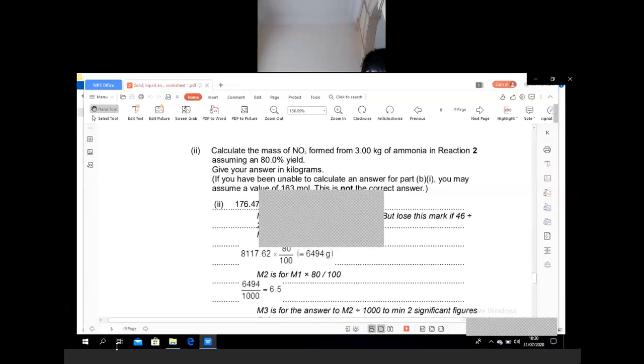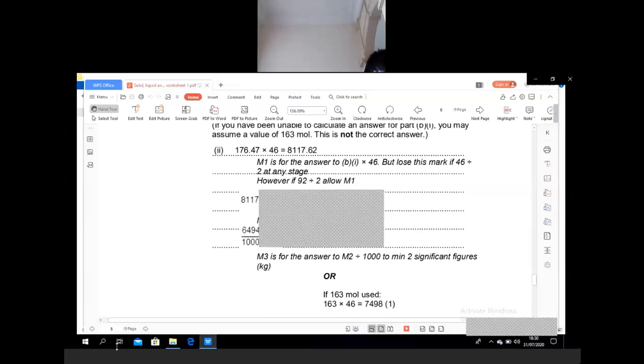Moles of nitrogen monoxide and nitrogen dioxide are found to be 8117.62. This is assumed to be 100%, and then we have to find the 80%. So this is the answer in gram, then we have to convert to kilogram.